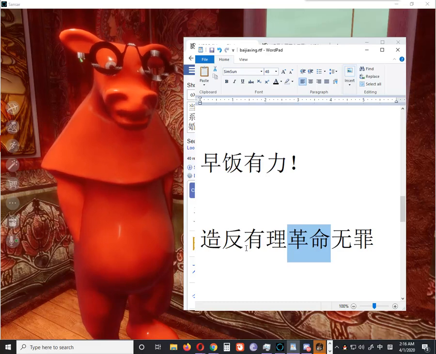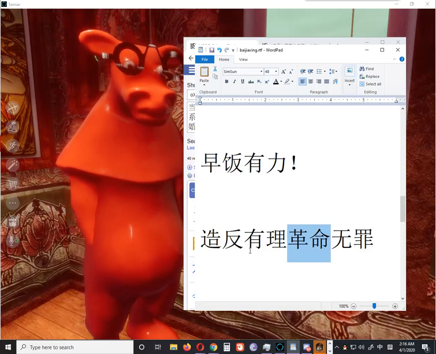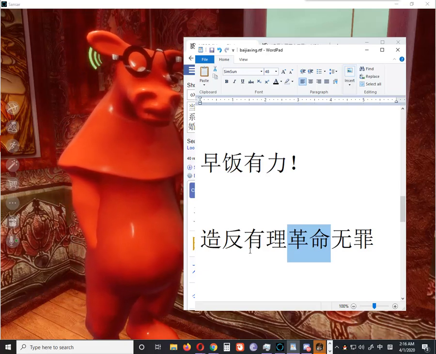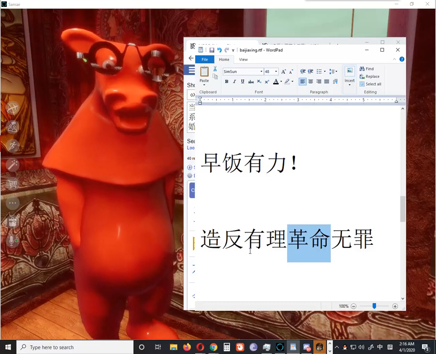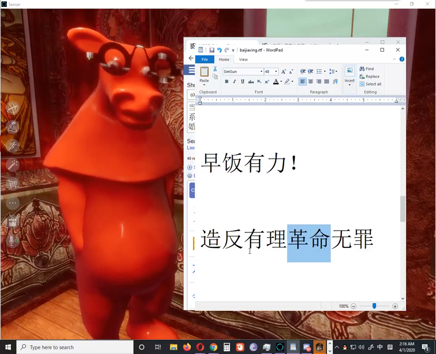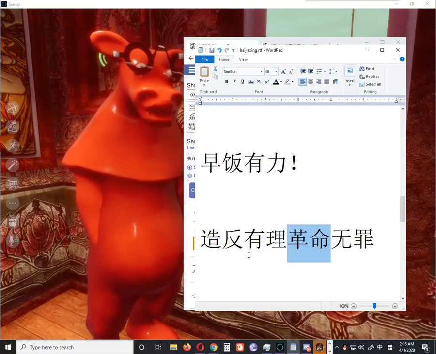Yeah. Okay. The key is that when you put two third tones together in Mandarin pronunciation, the first of the two tones becomes a second tone, a rising tone. So you don't say 你好 in two third tones, you say 你好 with the first tone rising.